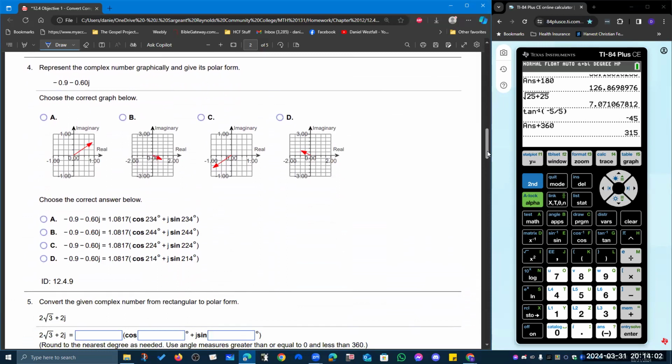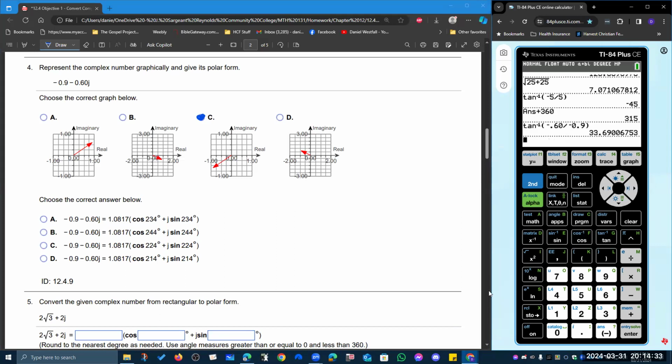Negative and negative, that's going to be in quadrant 3. So that's over here in quadrant 3. And then assume that that's r, and let's find arctangent of negative 0.60 divided by negative 0.9.